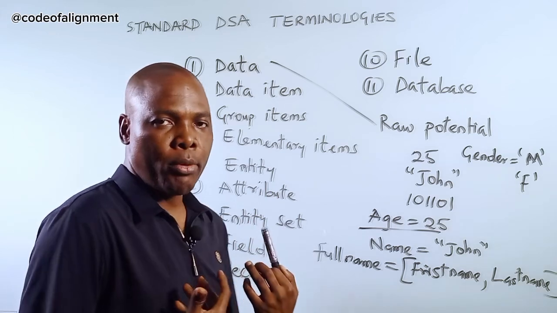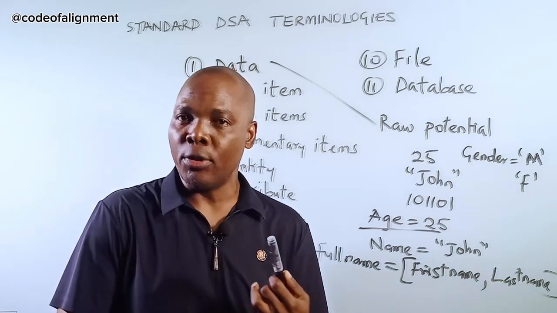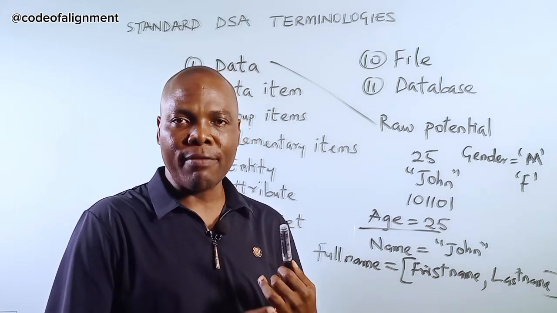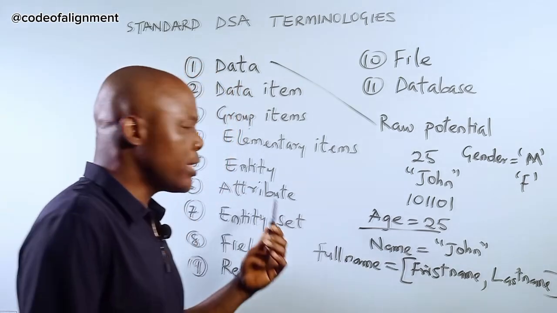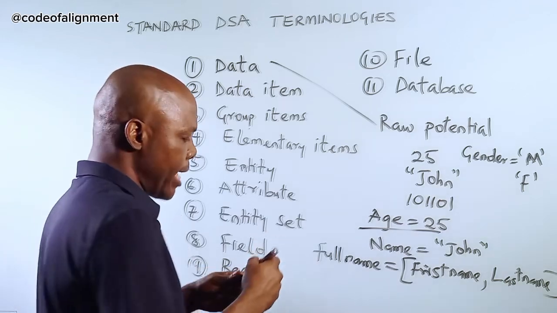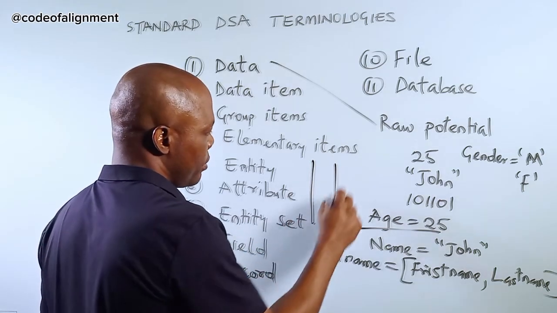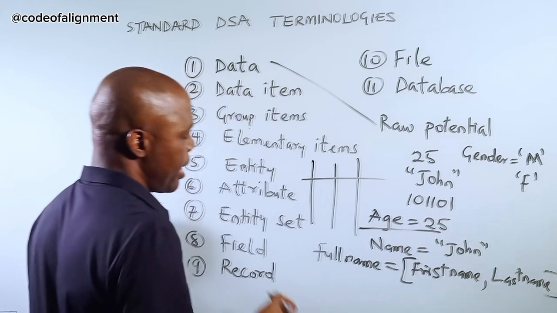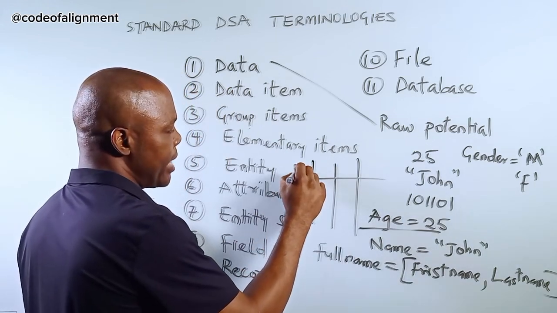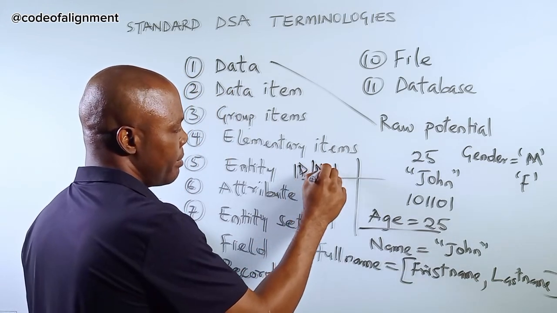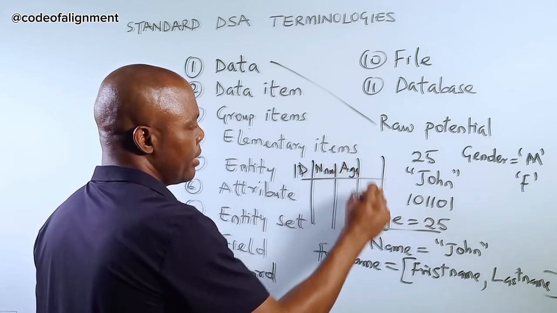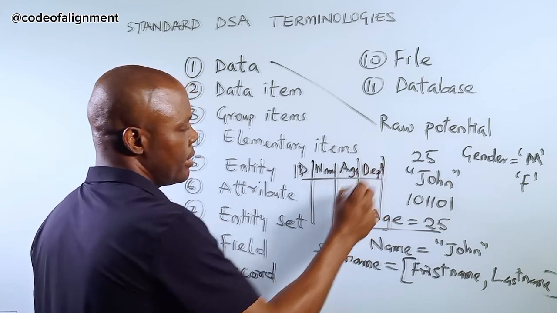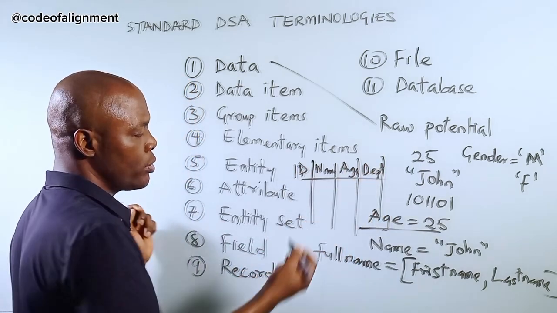For example, an employee will have an employee ID, a name, and a department. So when you have something like ID, name, age, then department, these are the attributes of an entity.